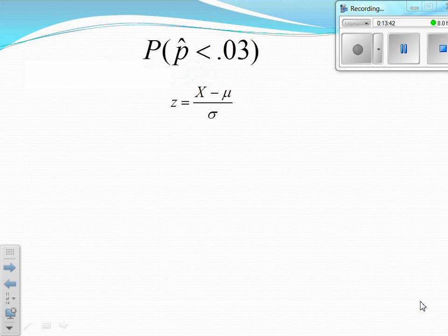So let's do a quick z-score. You might have already seen that. So the critical value for us is 0.03. The mean was 0.07, and we just saw that our standard deviation was 0.018. So how many standard deviations below the mean are we?